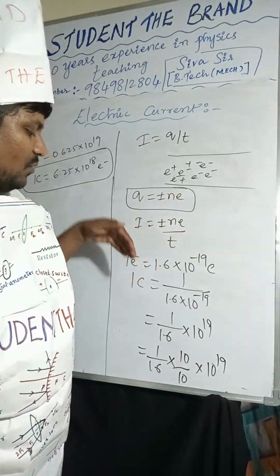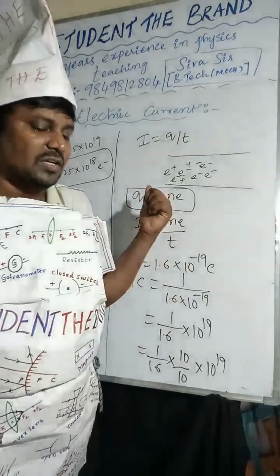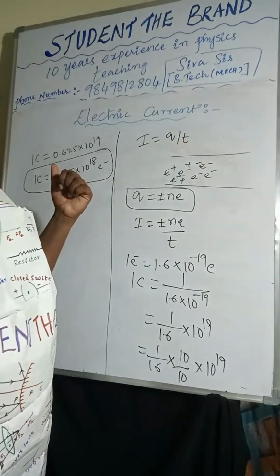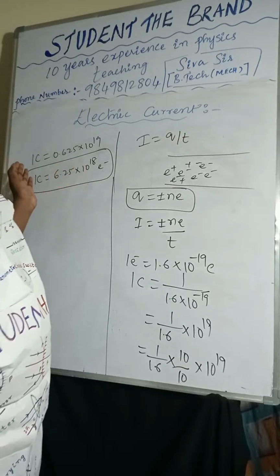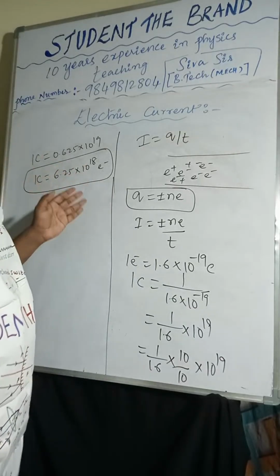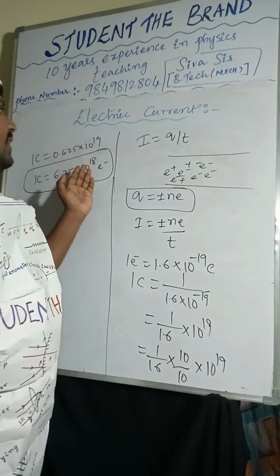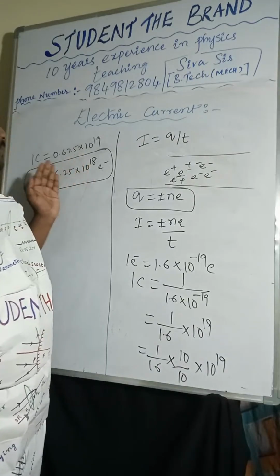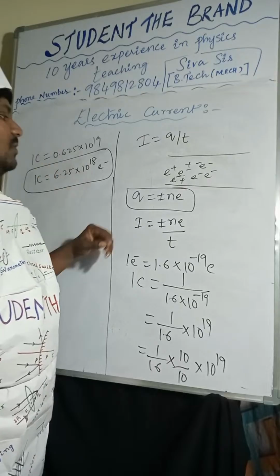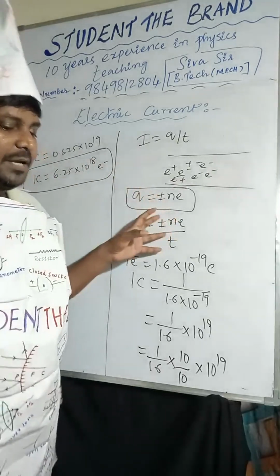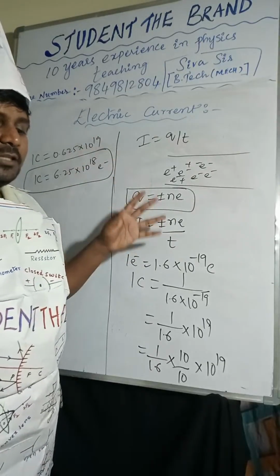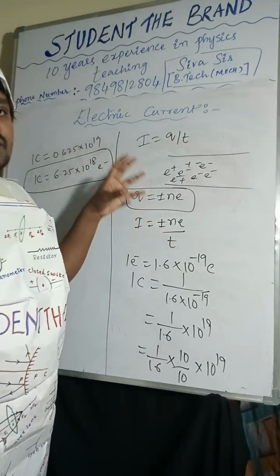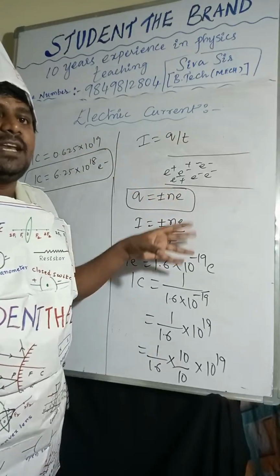In 1 coulomb, how many electrons are present? 6.25 into 10 power 18 electrons. This is a very important concept. Make sure that you practice this.